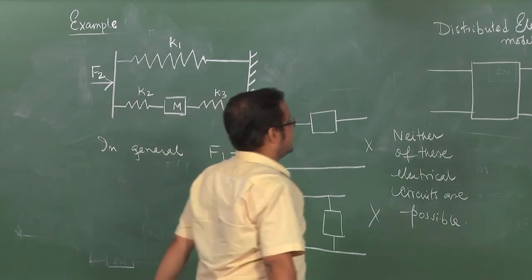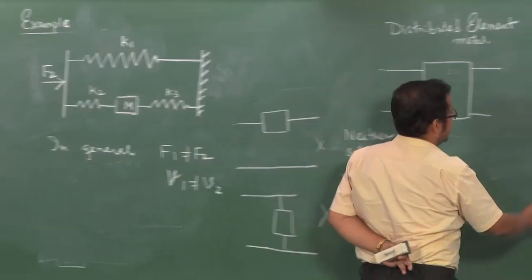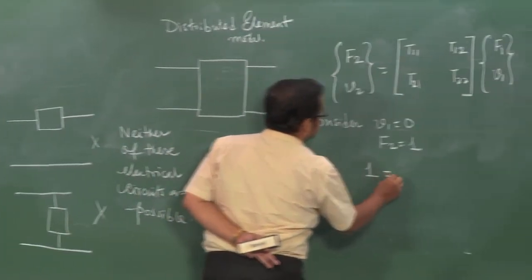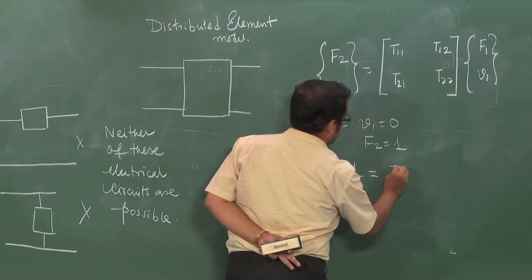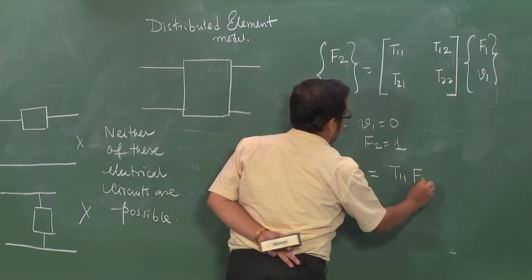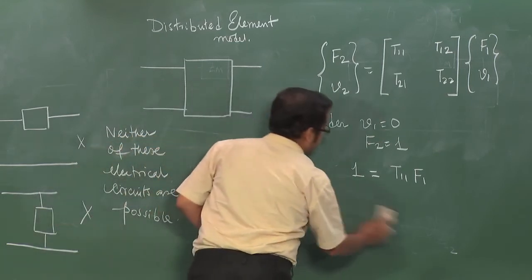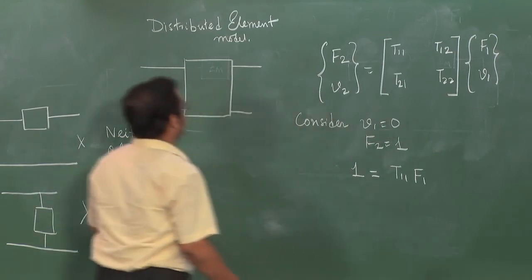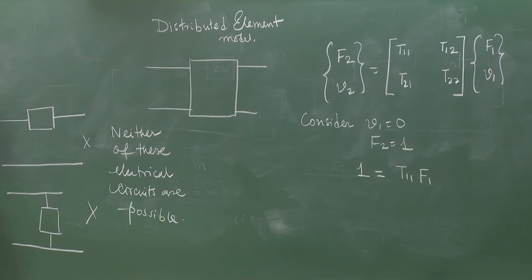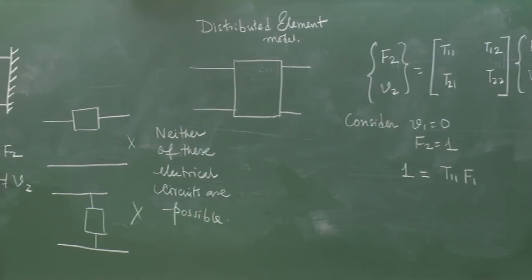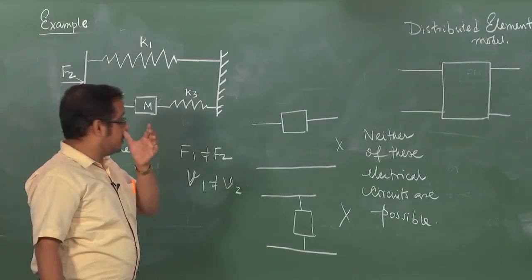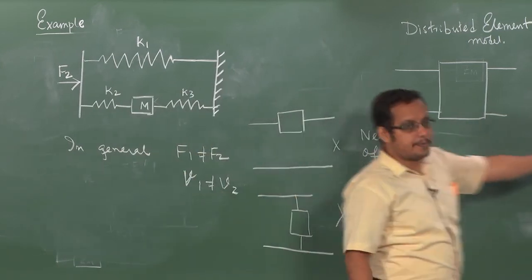So, if we solve this system and put this back in our transfer matrix, what we get is 1 is equal to T11 F1, right. And what is F1? F1 is the reaction force that will come from the fixed end of this system, right. So, F1 can be obtained.